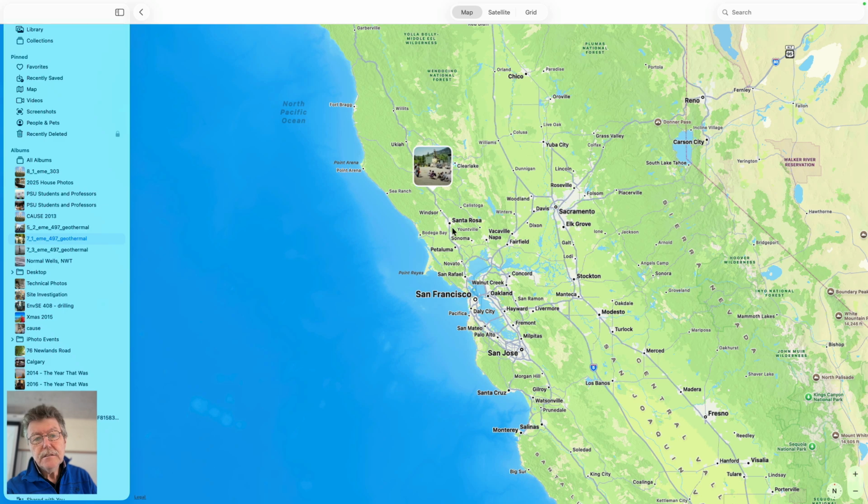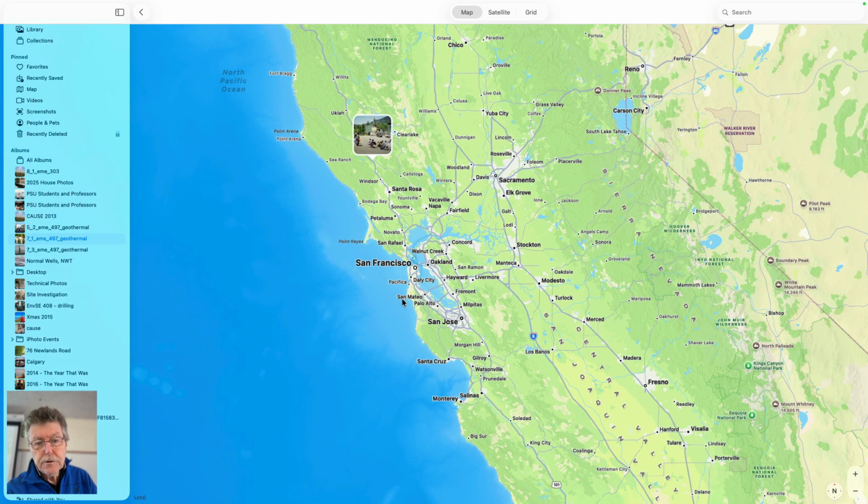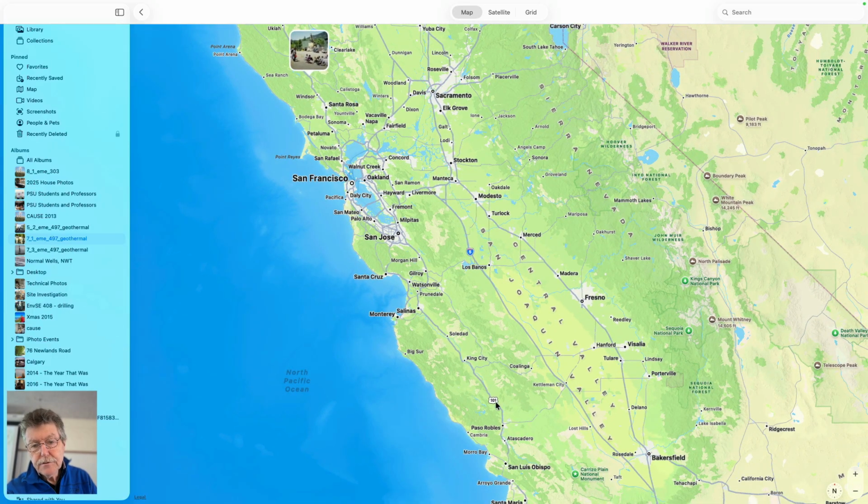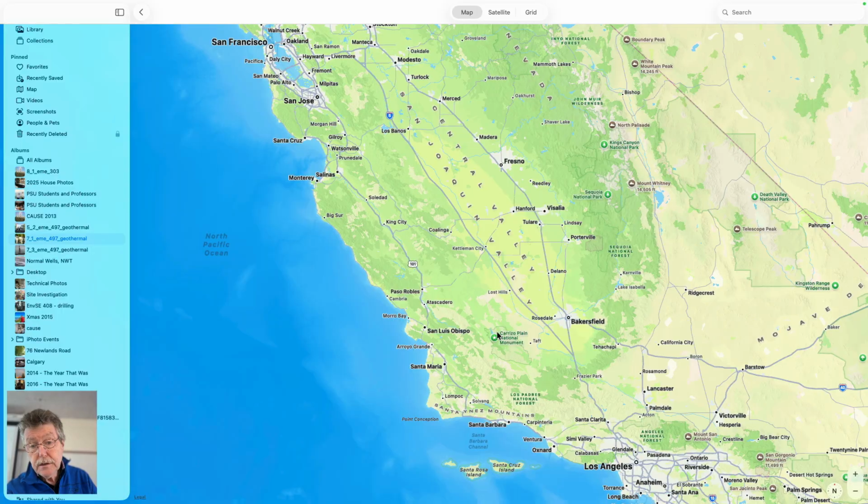And this is present, this all would be the San Andreas Fault goes offshore in San Francisco. It goes onshore and it runs down through here, through LA.